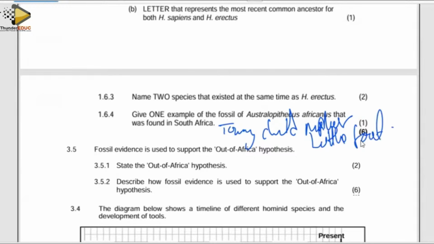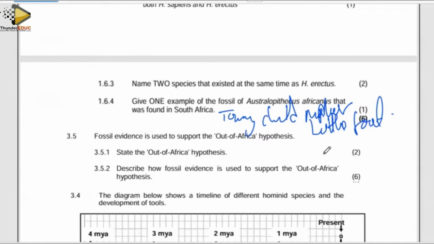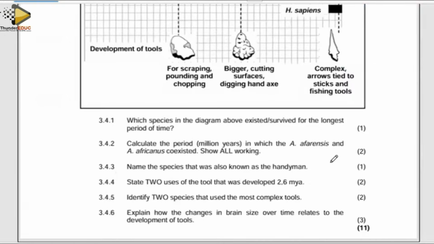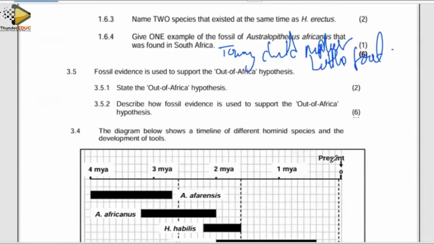And then they're saying we go to the evidence. State the out of Africa hypothesis. Modern humans originated from Africa and then migrated to the rest of the world, or to the other parts of the world. So that is it.